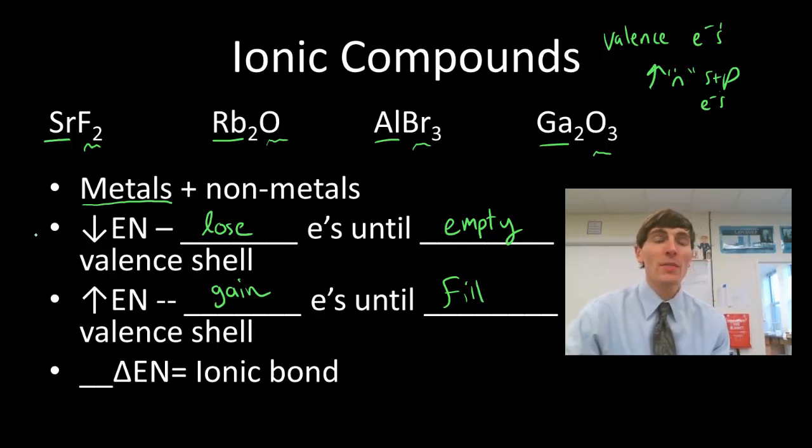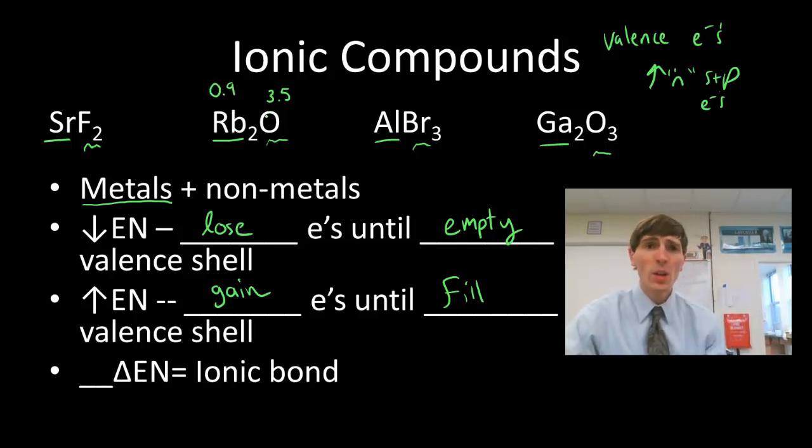And when I have a really electronegative atom, such as oxygen, electronegativity 3.5, with a low electronegativity atom, such as rubidium, electronegativity 0.9, those electrons are completely transferred.